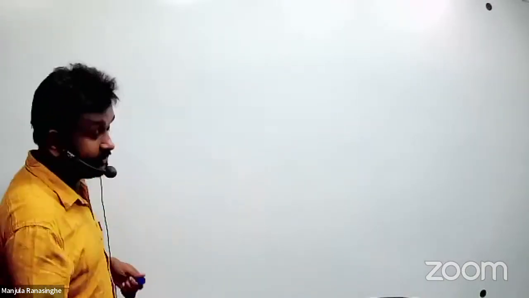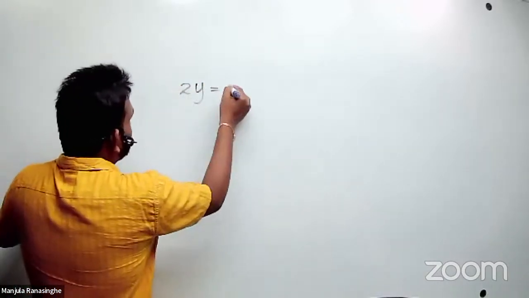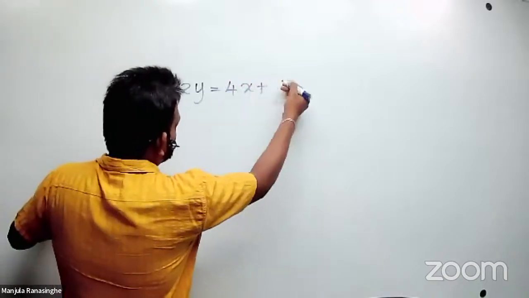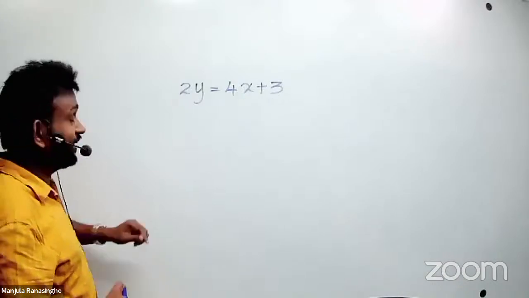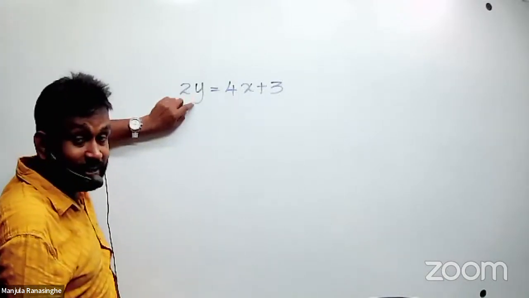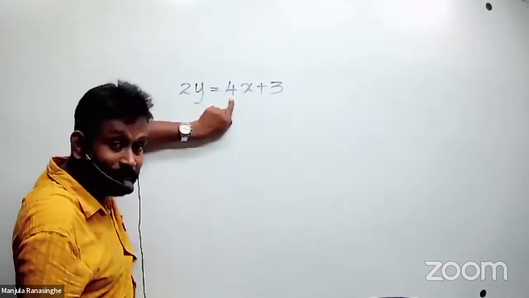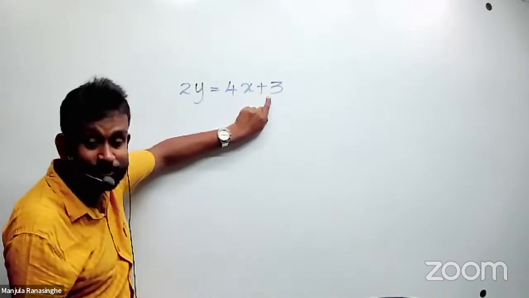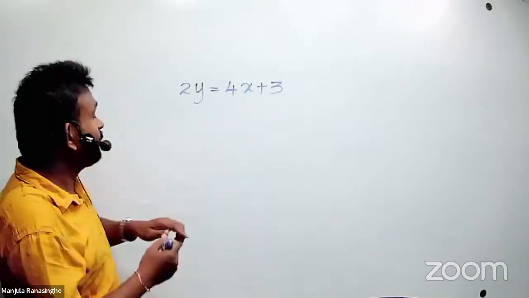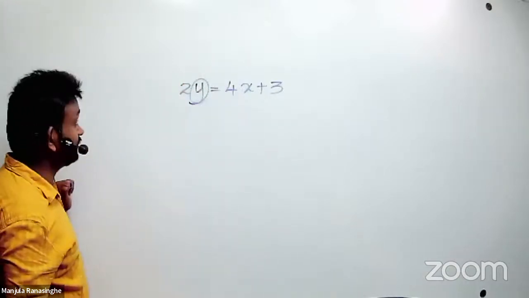Next one, 2y equal 4x plus 3. This is the case where students make mistakes. Seeing it, they immediately say we have learned y equal mx plus c, the coefficient of x is 4, gradient 4, intercept 3, and that gives a wrong answer. Why? Y has to be the subject, but here y is not the subject, it is 2y.